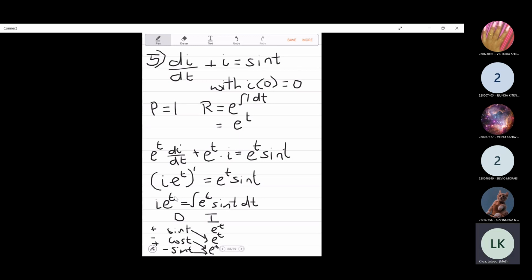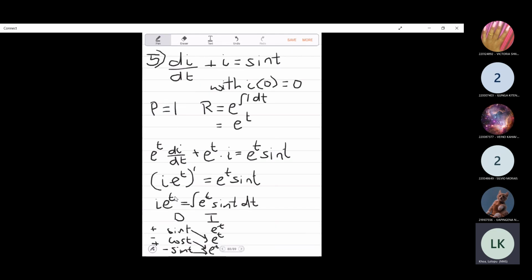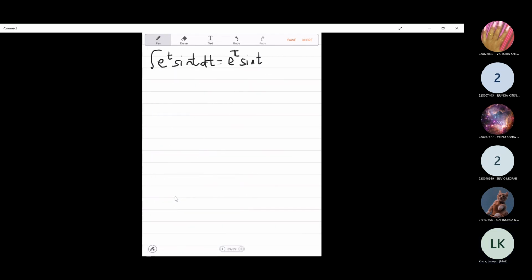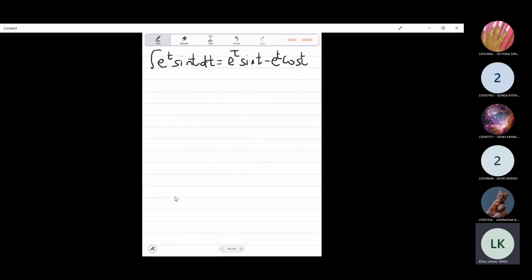So we'll have e to the power of t sine t. Then the second one is minus e to the power of t cos t. And then the next one is minus e to the power of t sine t, minus the integral of e to the power of t sine t dt.